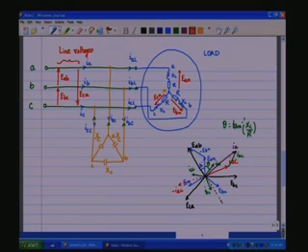IAL and IAC, which get added at that point by Kirchhoff's current law, is interesting to see. If we add a line parallel to IAL here, then we would have IA.